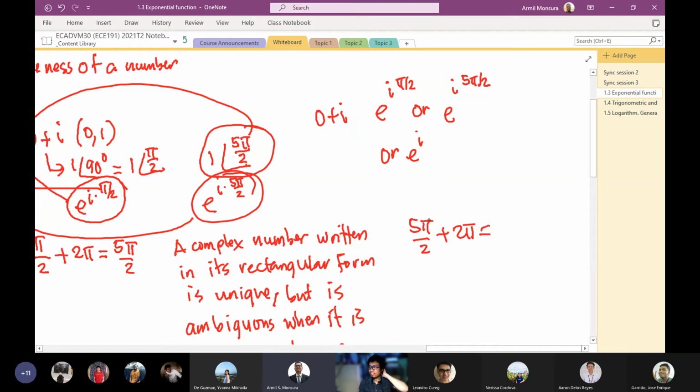Ilan yan? 9 pi? Tama ba? 9 pi over 2? Or e raised to i times 13 pi over 2. Lahat yan, and so on pa, lahat yan tumutukoy sa number na to. All of them refer to this number.